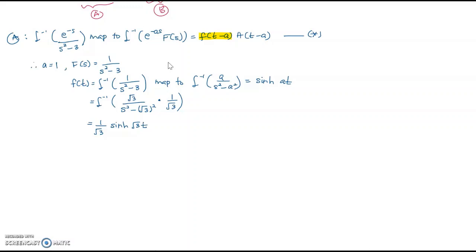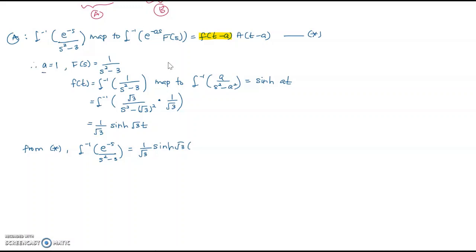Now from the star, what we want to solve is the inverse of e^(-s) over s squared minus 3, so it should be f(t minus a). Since our f(t) is 1 over square root of 3 sinh(square root of 3 t), at the t here we put t minus a.